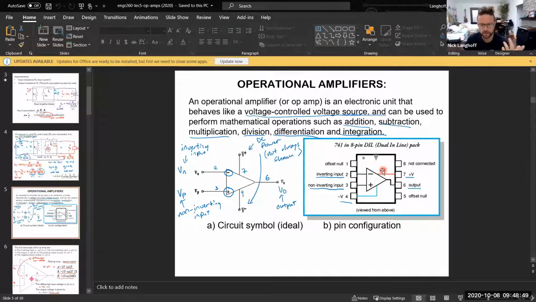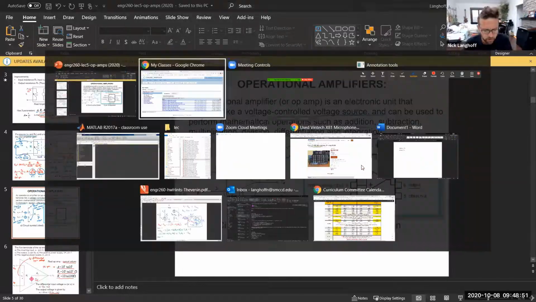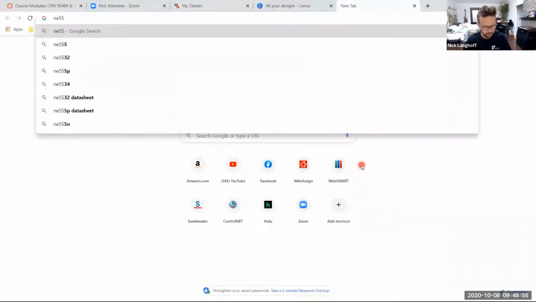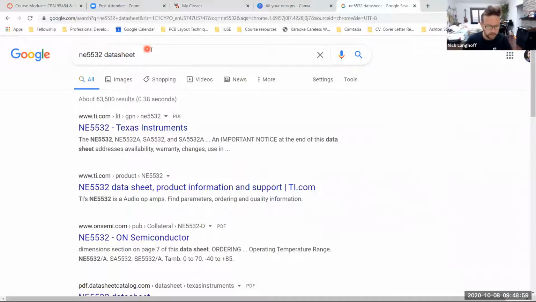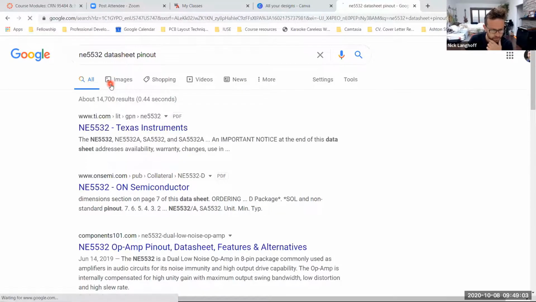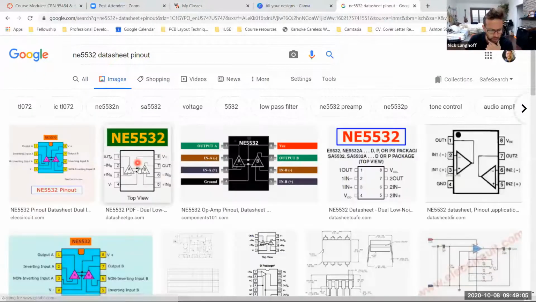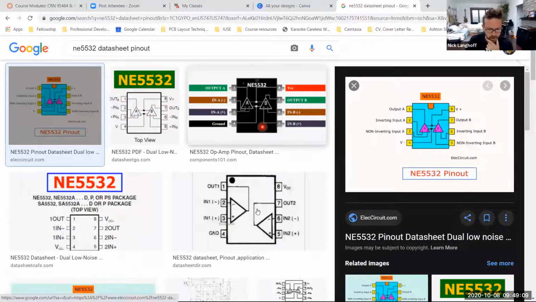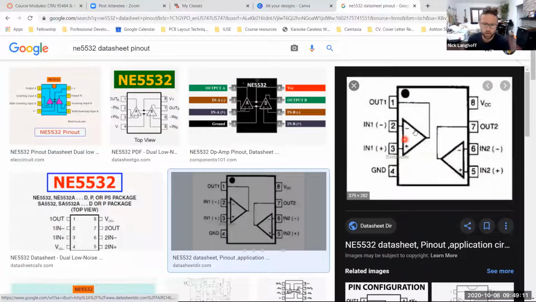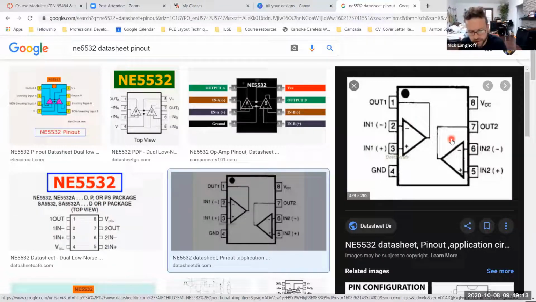I'll just point out that some op-amp packages, if you jump over to a web search and you search, for example, an NE5532, I think, let's look at the pin out. That's a dual op-amp package. So when you look at that package, you'll notice that it actually has 2 op amps within one 8-pin package.